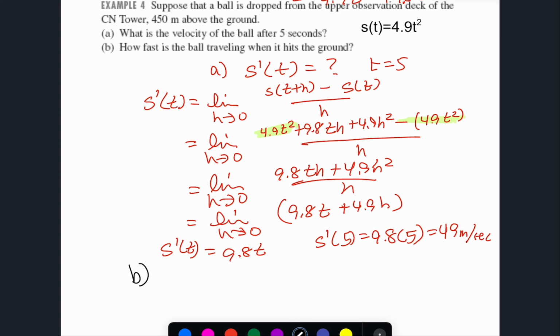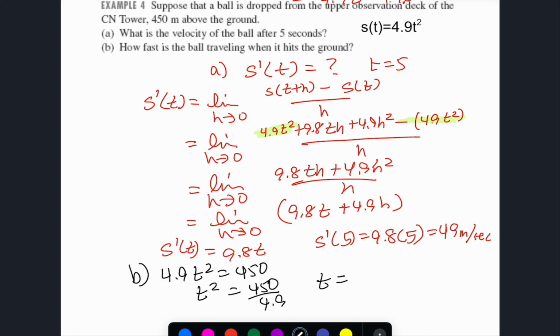So in part B, we are looking for when we travel 450 meters. So t squared is 450 divided by 4.9. So t is the square root of that. We're not going to have a negative time.